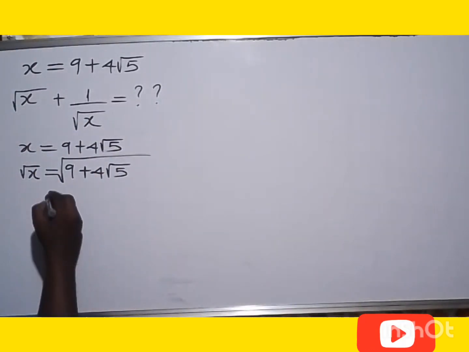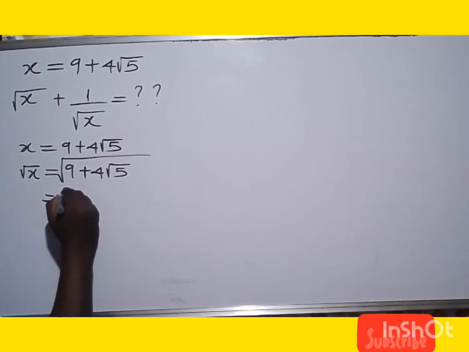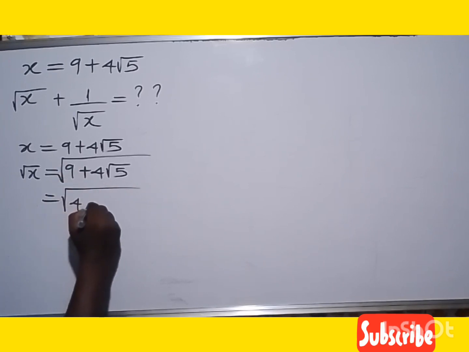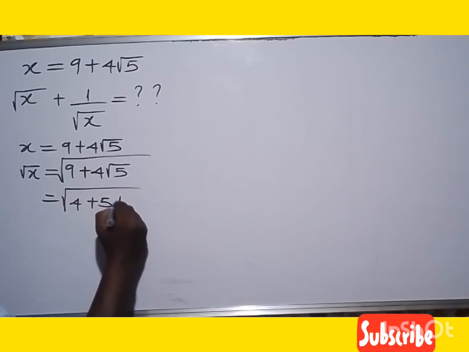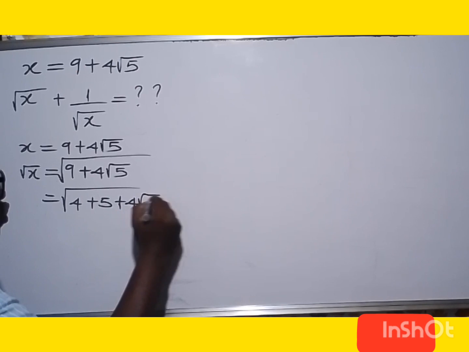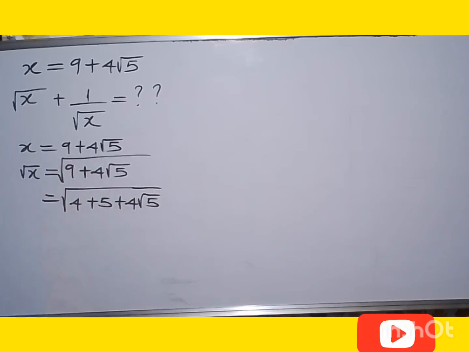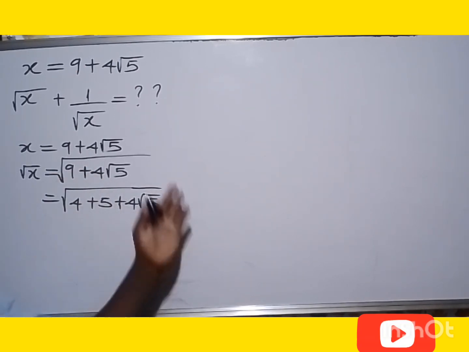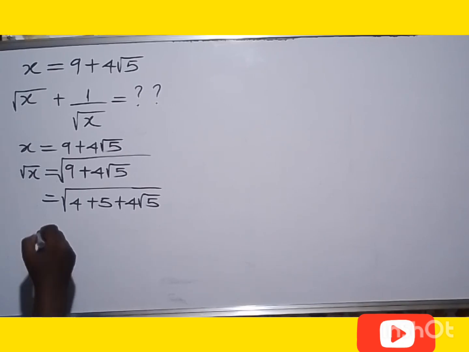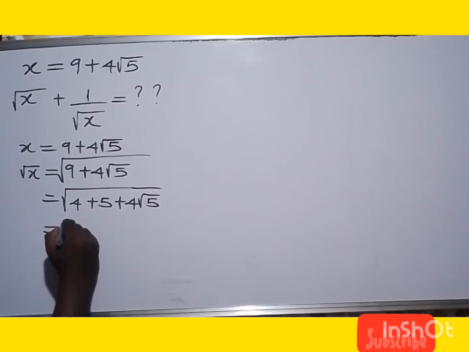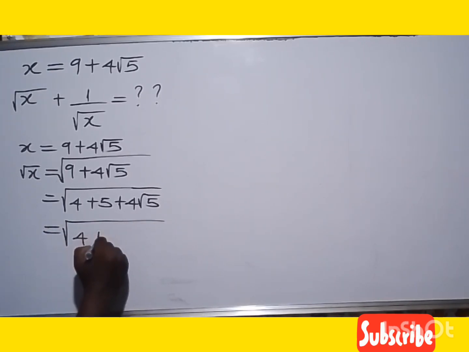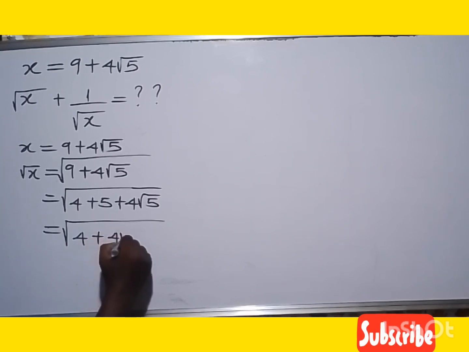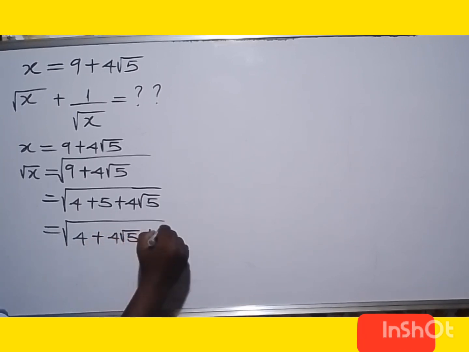That means I can have my 9 to be 4 plus 5, then plus 4 root 5, that is already there. From here, I can rearrange. If I rearrange this, I am going to have 4 plus 4 root 5 plus 5.